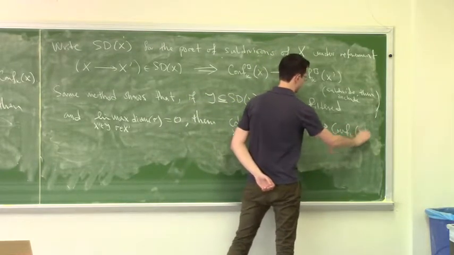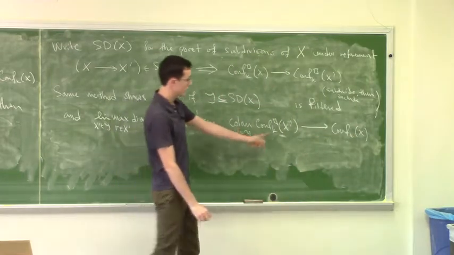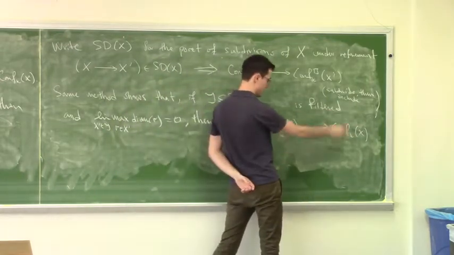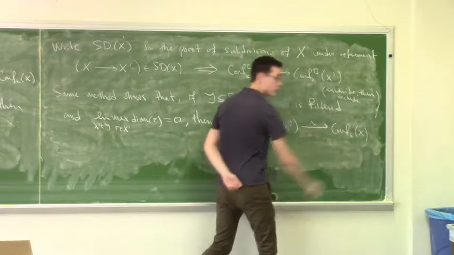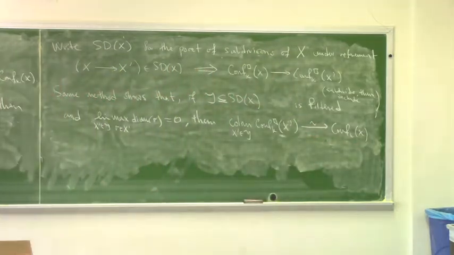There's an obvious map from the colimit of these spaces. And is it a homotopy colimit or just a colimit of CW complexes? In this case, the homotopy colimit and the colimit coincide.